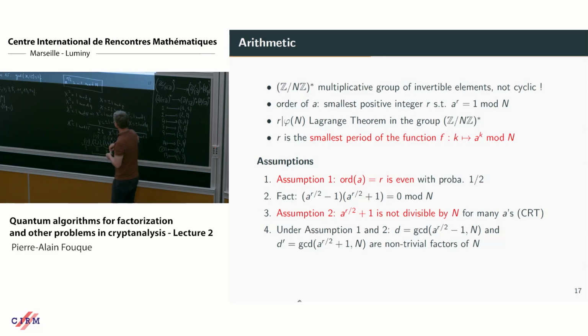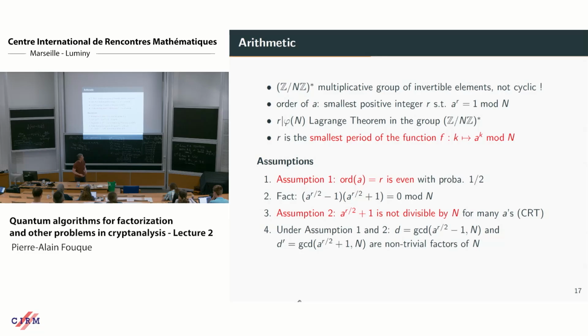By writing this, I will remove this solution. I know that this solution is not possible, and with the second assumption, I will remove this solution. So this solution is a trivial root of unity, and it is not important to factor. So to factor, we are interested in exactly finding these two solutions.